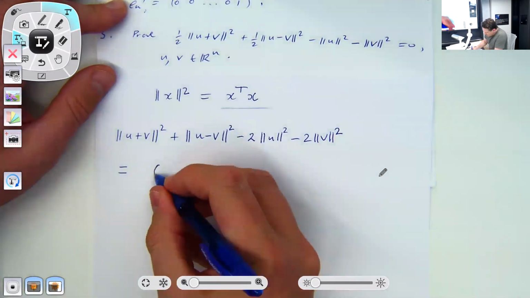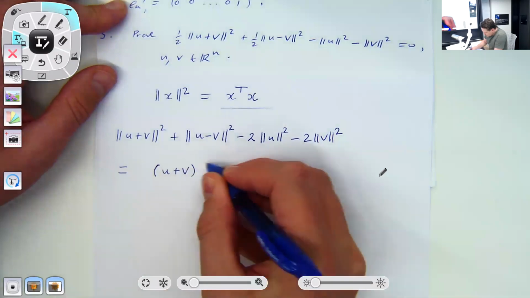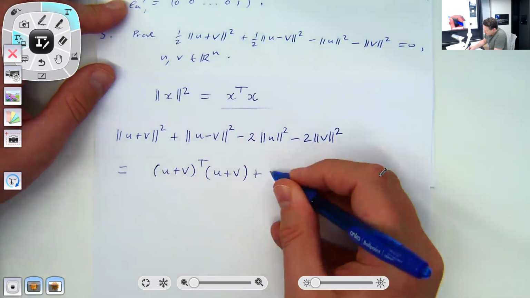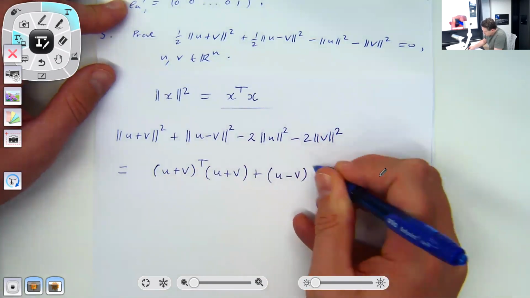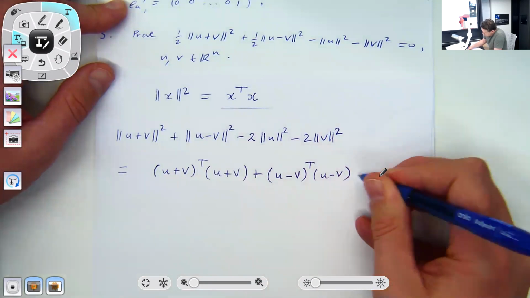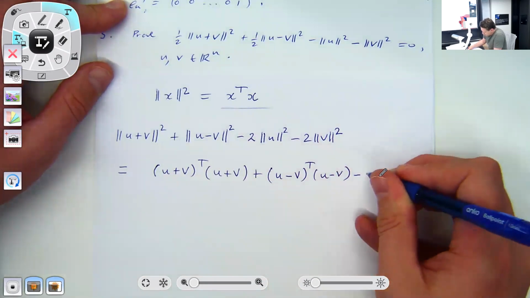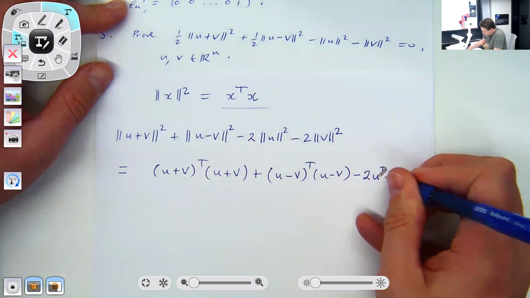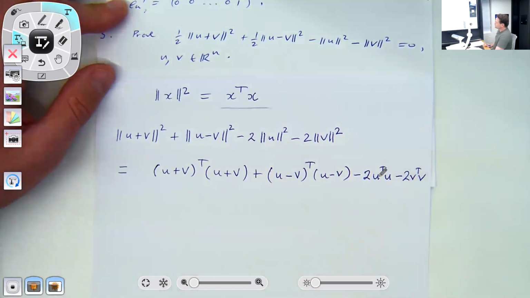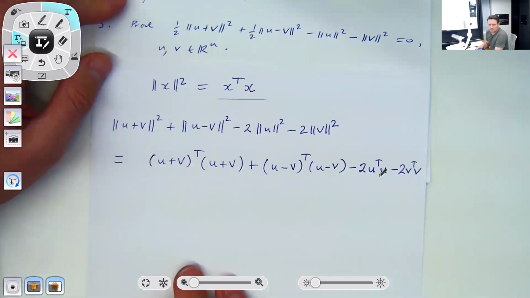All right, so what we have is u plus v transpose times u plus v. And then we're adding u minus v transpose times u minus v. And then we're subtracting twice u transpose u, subtracting twice v transpose v. Okay, good.